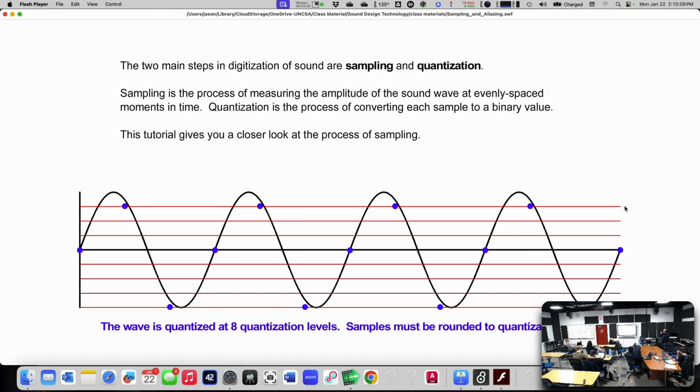But what it does is, because this is registering amplitude, okay, the number of bits that you're using to encode these values determines the possible dynamic range you have. Okay? So the loudest thing is a fixed thing. That's all the bits turned on.